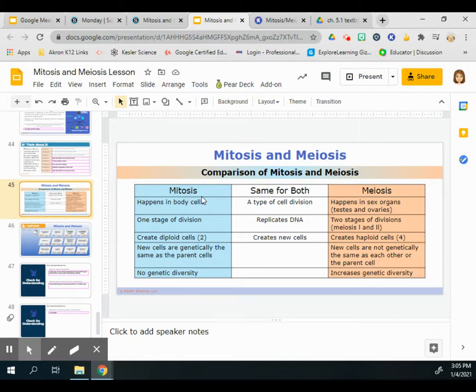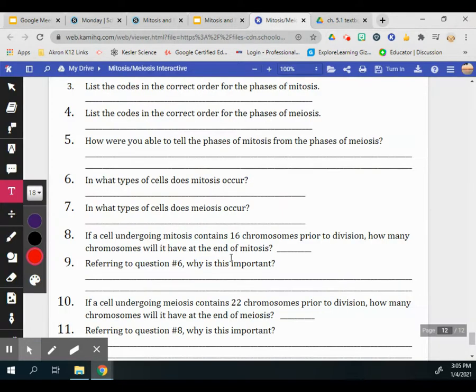And then if you also think about mitosis can be used for asexual reproduction, you're making more organisms of that original organism, and they're exact copies. They're genetically identical. You're going to explain to me why would that be important to have happen in this process.